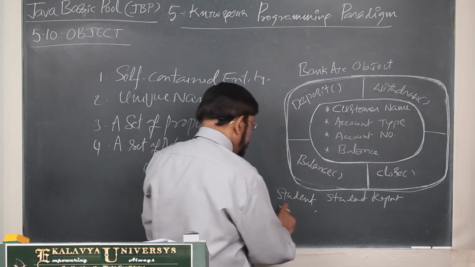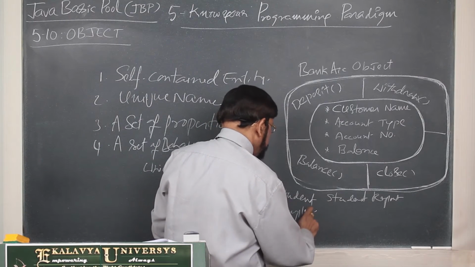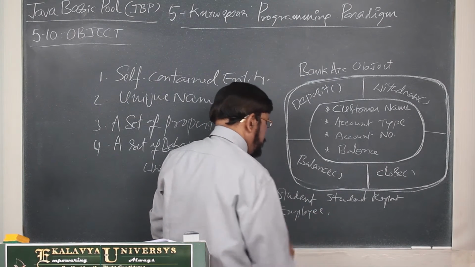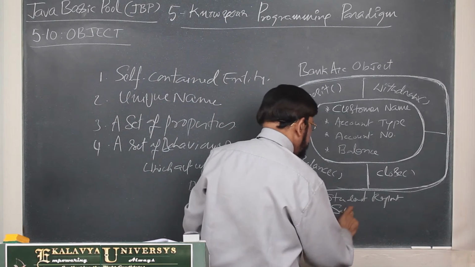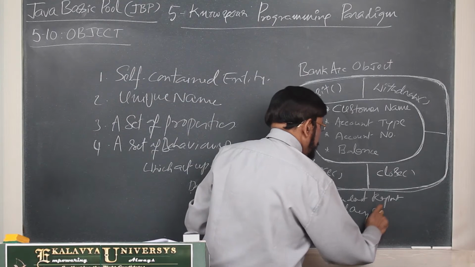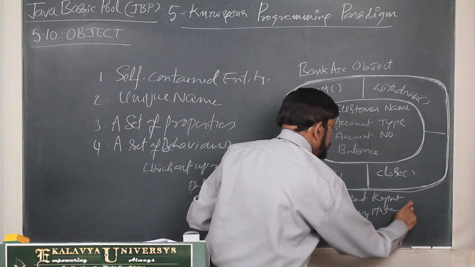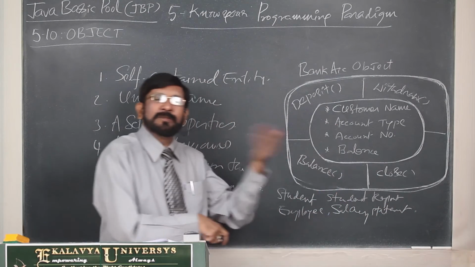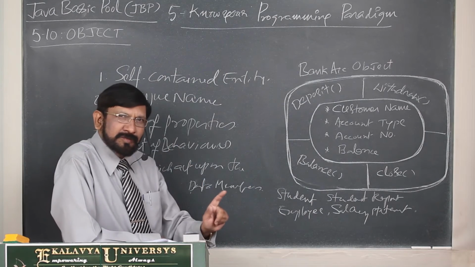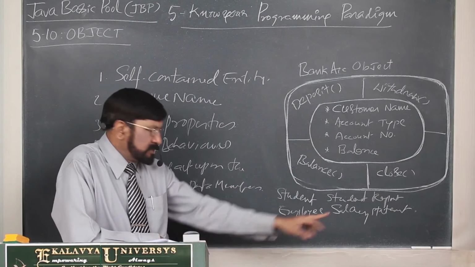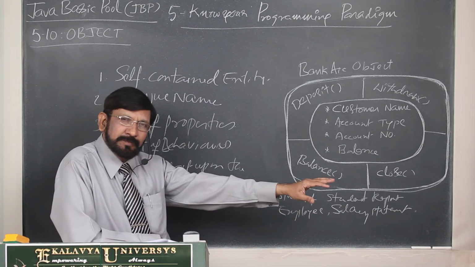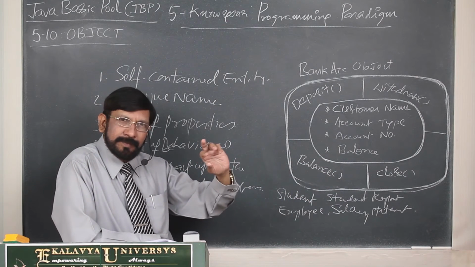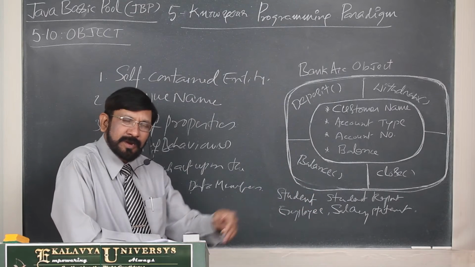In the same way, if I call an employee an object, you can accept him. Now salary statement, you have some resentment to accept it as an object. You come out of that. Every noun, all these are nouns. For every noun, you must be in a position to convert it into an object.